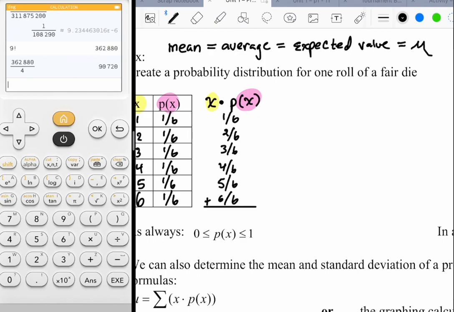So mu would be equal to, with a common denominator, it's all over 6. So 3, 6, 10, 15, 21. So 21 over 6, which if you put it in decimal form would be 3.5.